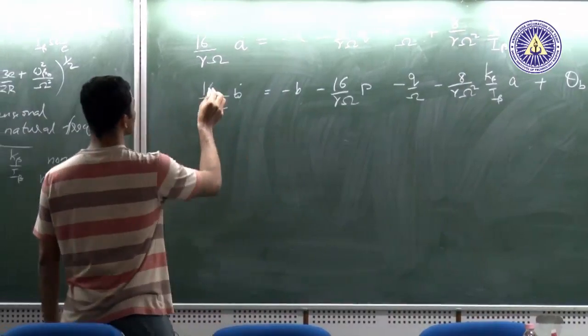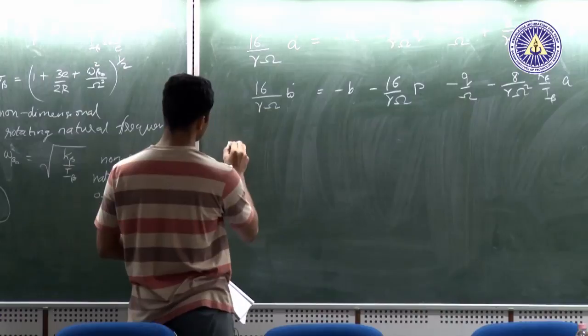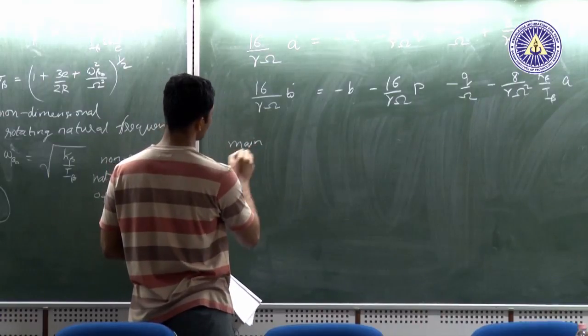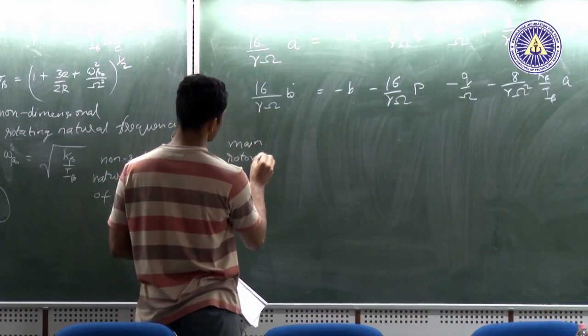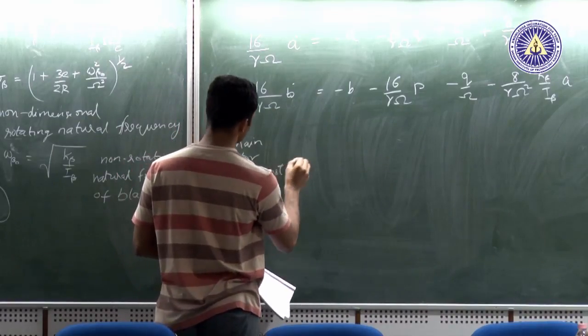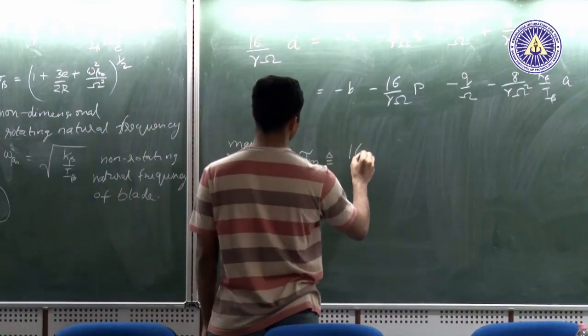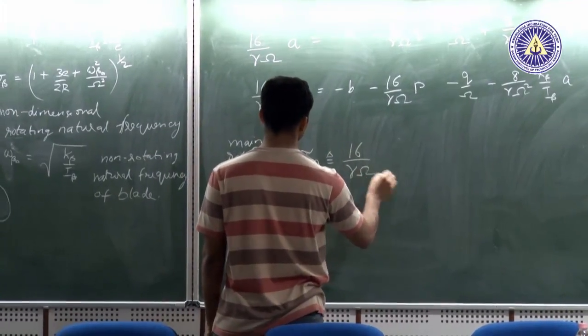So this 16 by gamma omega is your main rotor time constant, and I am going to denote it by tau m, that is 16 by gamma omega.